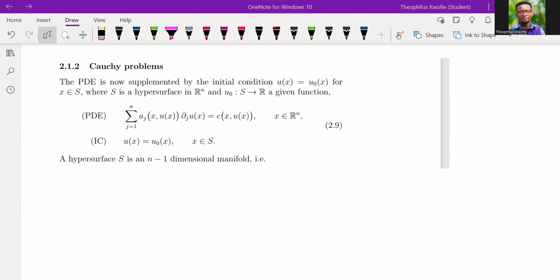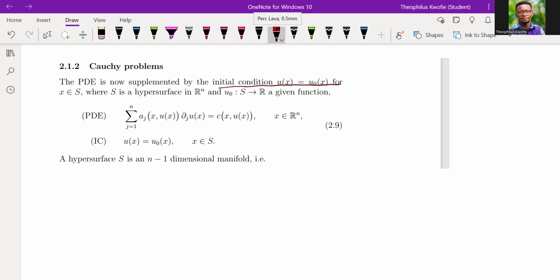Hello, everyone. All right, so let's look at Cauchy problems, because the problems we have solved so far do not relate to initial conditions. We were just looking at the general solution of the given PDE, but we may at this point want to look at its particular solution. With a particular solution, we are looking at a situation where a given PDE is supplemented with the initial condition, as this.